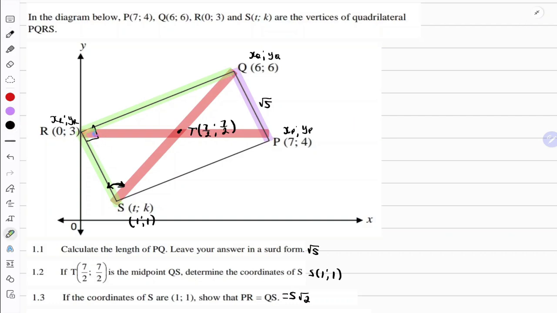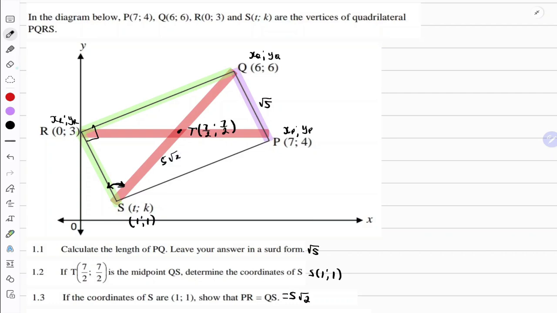We know that triangle RSQ is a right triangle. So let's see how we can use trigonometry to find the missing angle. The diagonal in this given case qualifies to be the hypotenuse, and we found its length to be 5 root 2. So let's note it, 5 root 2.